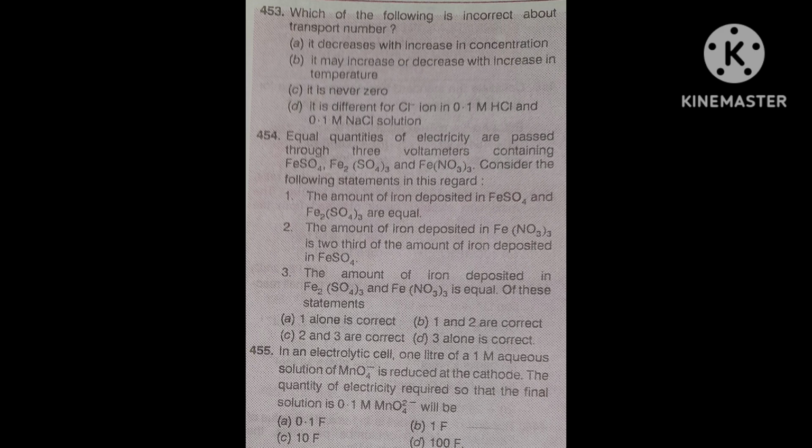Second statement, the amount of iron deposited in Fe(NO3)3 is 2/3 of the amount of iron deposited in FeSO4. Third statement, the amount of iron deposited in Fe2(SO4)3 and Fe(NO3)3 is equal. Of these 3 statements, now we have to tell.